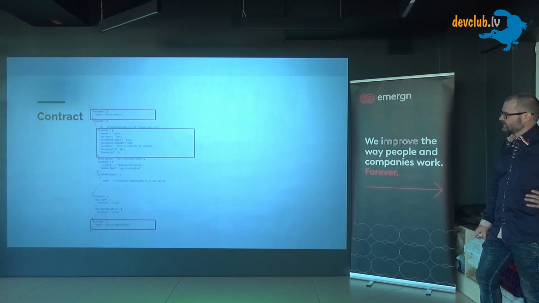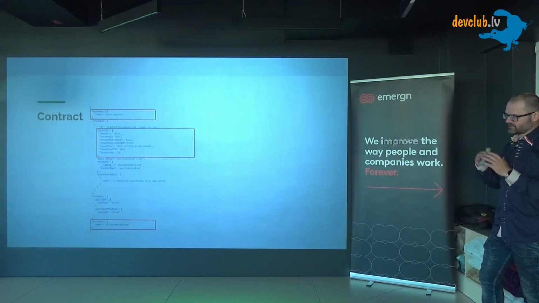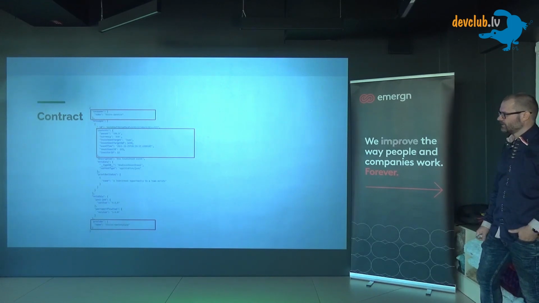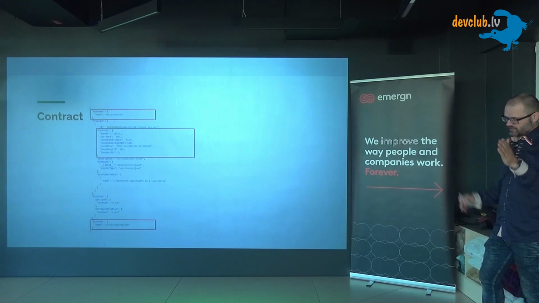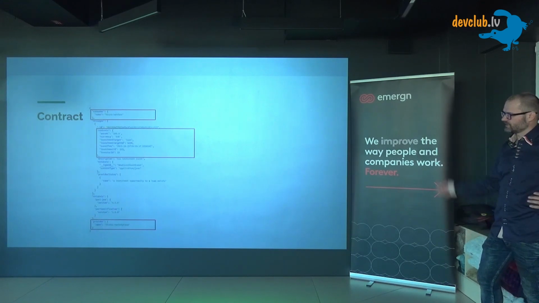Here is the test case, like the message. Each contract can contain many messages. Contract is just between the consumer and the provider, so it can have a lot of messages. And the message contains a specific example of a message. It's not a schema, it's not a validation format, it's just a message.